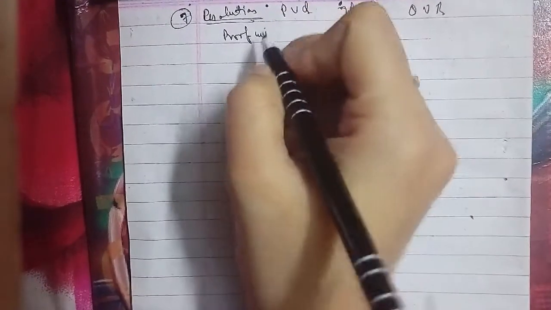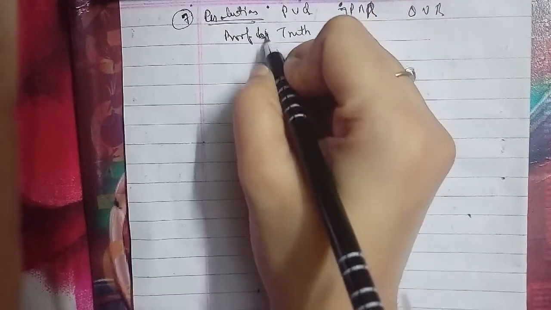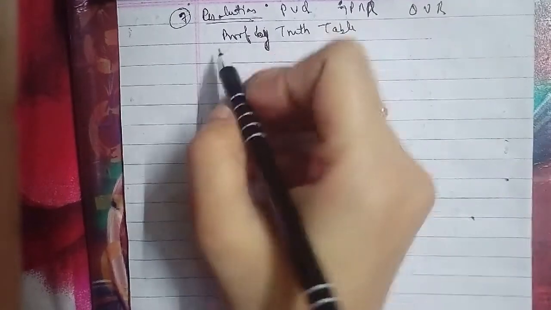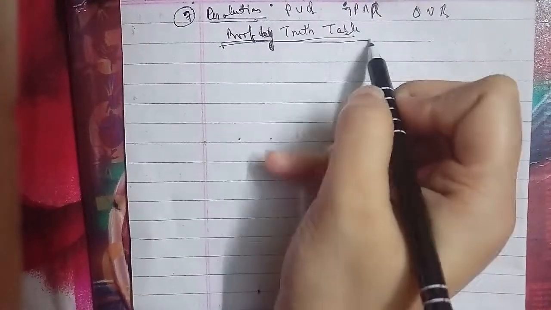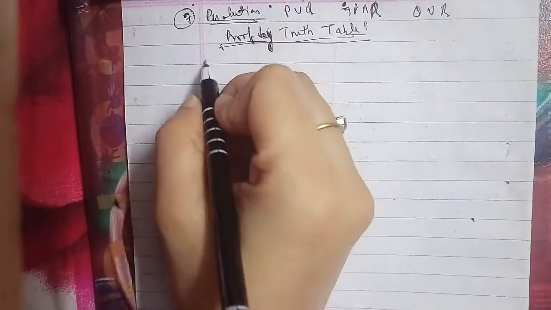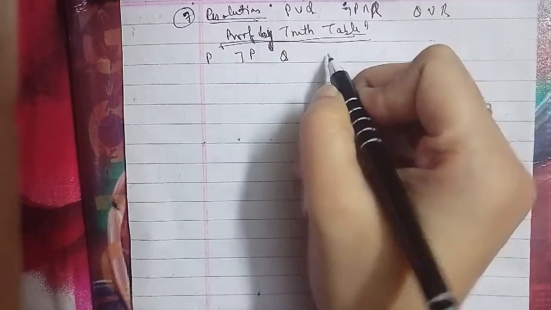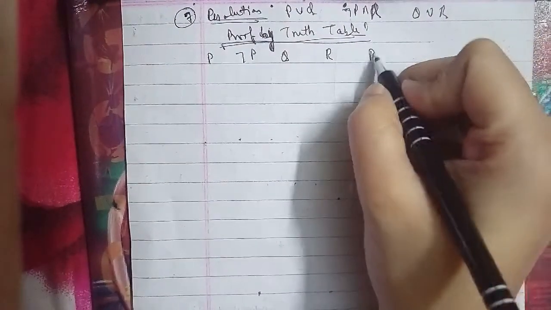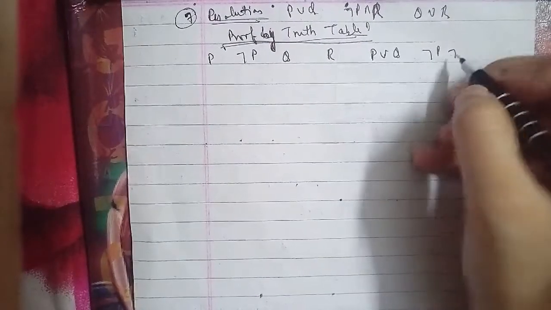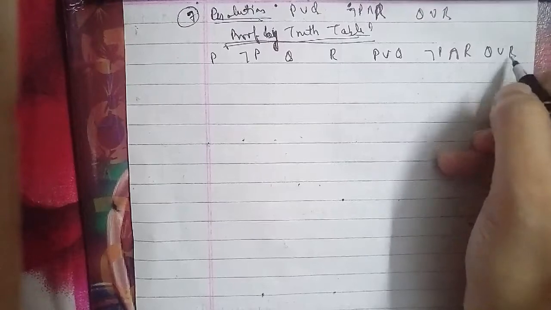For this, it is 0 1 0, this is 0 0 0 and 0. For another one, that is 0 1 0 1 0 0 and 1. Then for another one we have 0 1 1 0 1 1 and then 1.